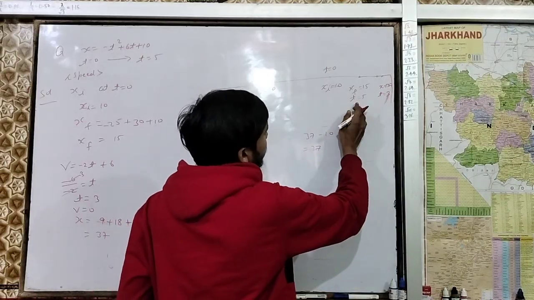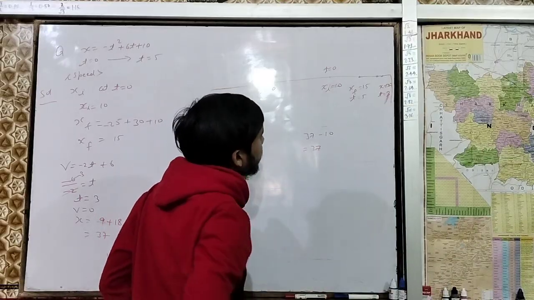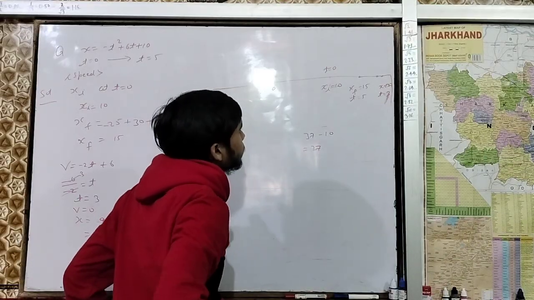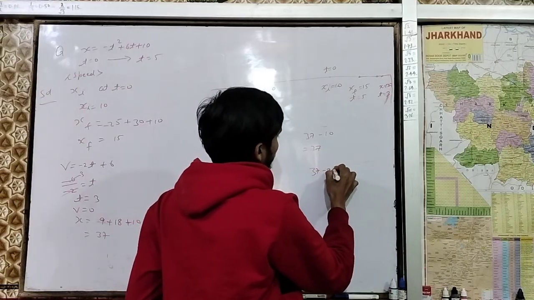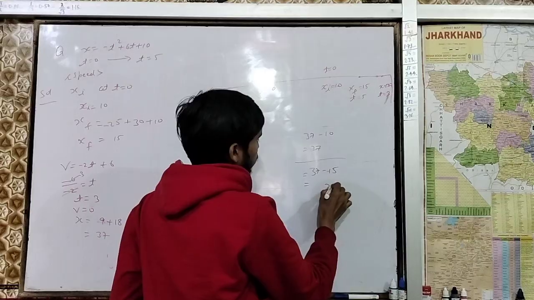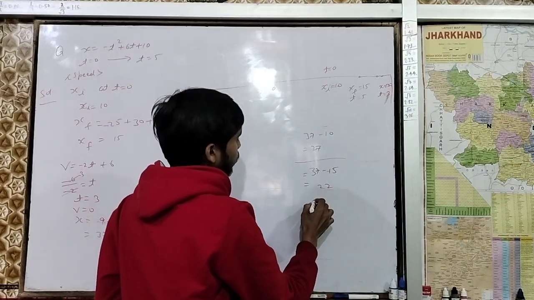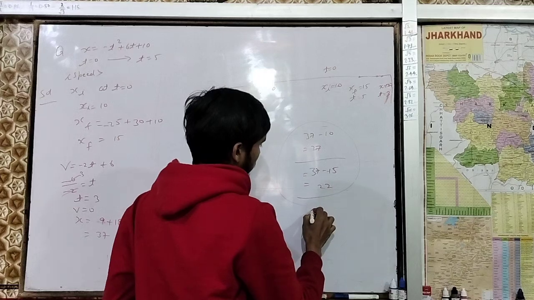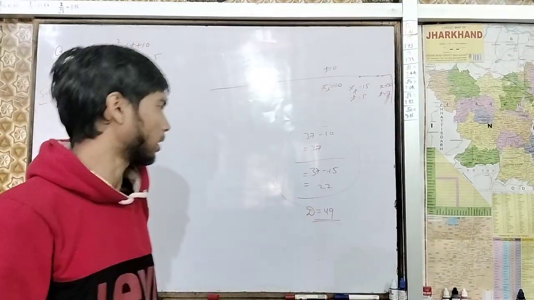Then he came over here, final. So 37 minus 15 will be your 22. So 49. 49 is your answer. The distance is 49.